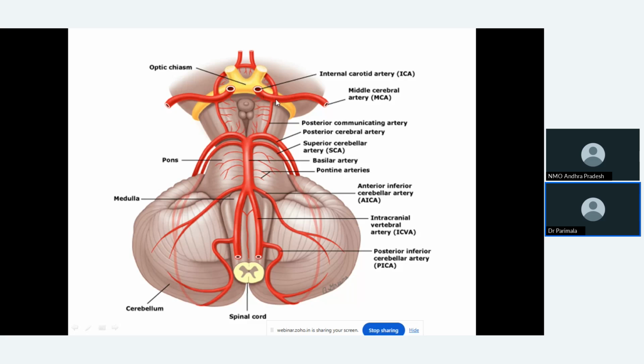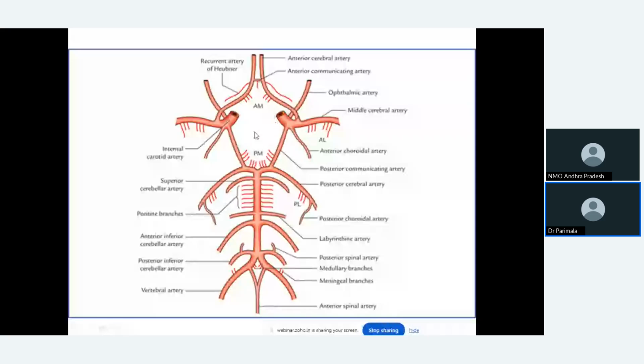So this half of the hexagon and these two posterior cerebral arteries have to be connected to form a circle. So that connection is the posterior communicating artery.